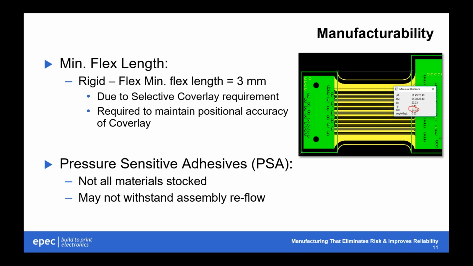Not all of these materials are stocked. In many cases, there are some very large minimum orders required for these adhesives. And another important consideration is that if the design has to go through an automated pick-and-place assembly process, very few of these pressure-sensitive adhesives are rated to withstand the temperatures of assembly reflow.